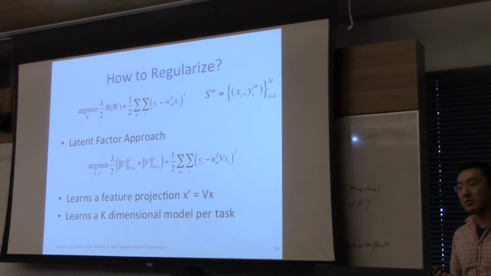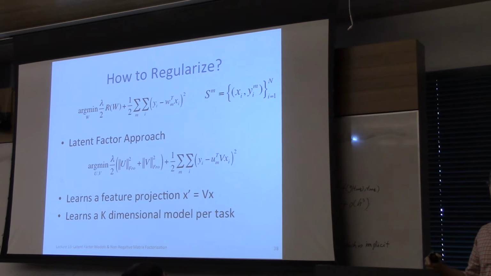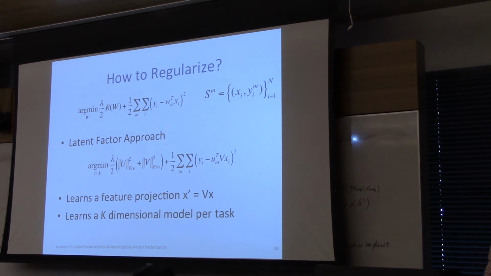The Frobenius norm of x is the square root of the trace of x transpose x. The trace norm of x is the trace of the square root of x transpose x. So the square root is inside the trace as opposed to outside the trace. So they're actually different.